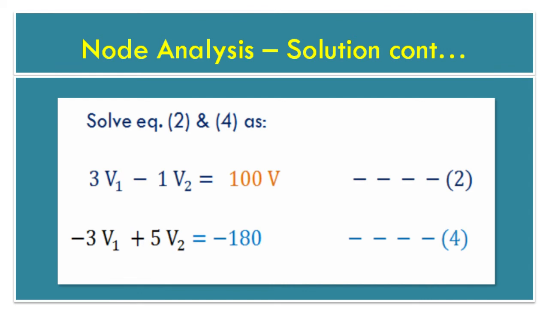Let's solve the KVL equations at node 1 and 2, which are represented by equation 2 and 4, as 3V1 minus V2 is equal to 100 and minus 3V1 plus 5V2 is equal to minus 180.